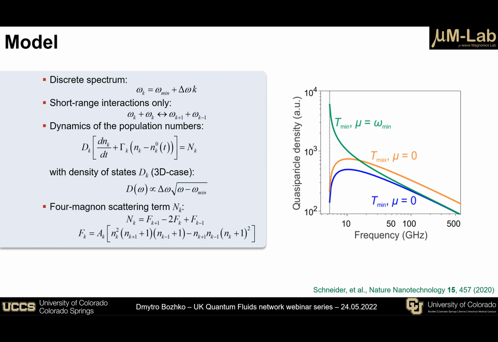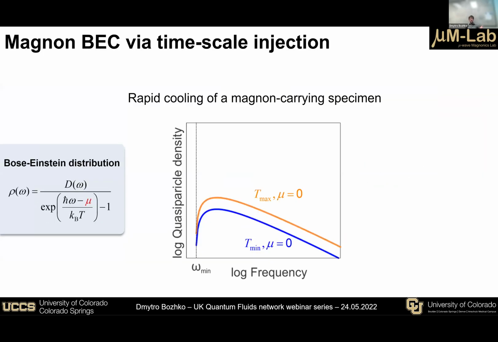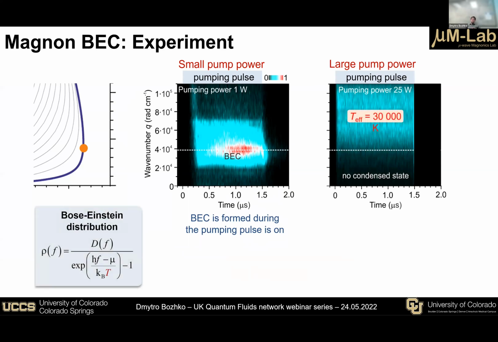Grisha Volovik is the next one. My question is, how many Bose condensates do you have, one or two? Good question. Although we look at one minimum here, it is created such that we observe the condensate in both minima. However, the density can be different.